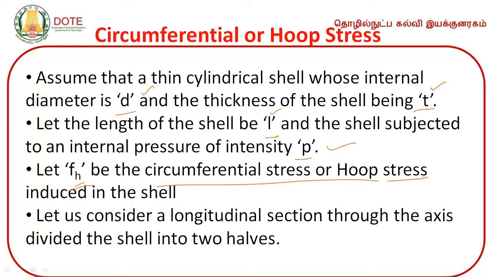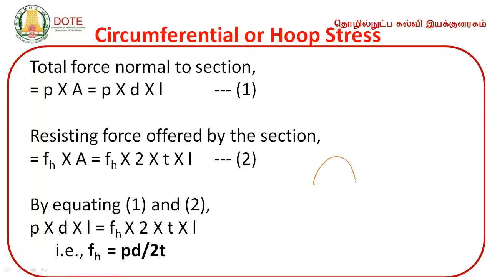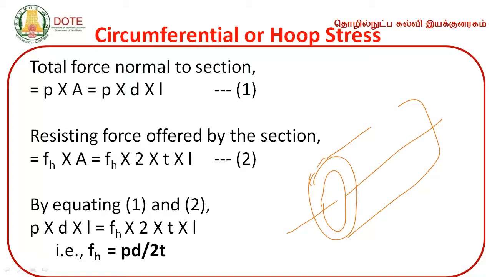Now, let us consider a longitudinal section through the axis that divides the shell into two halves. So, this is the thin cylindrical shell. What is the total force normal to the section?